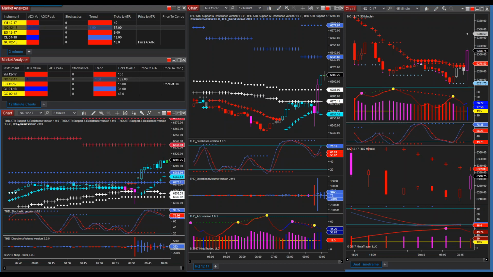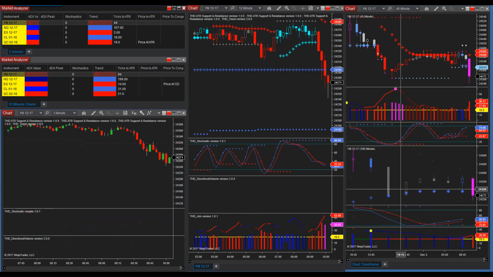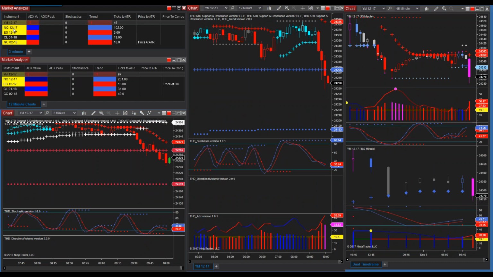Because I have everything in the market analyzer, I can simply click to have all of my charts change at one time. So as you can see, when I clicked on the Dow, we changed over to the Dow instrument. Now, it does take a while to load this volume because I have a lot of back data on here. So just want to make sure everybody is aware of that.